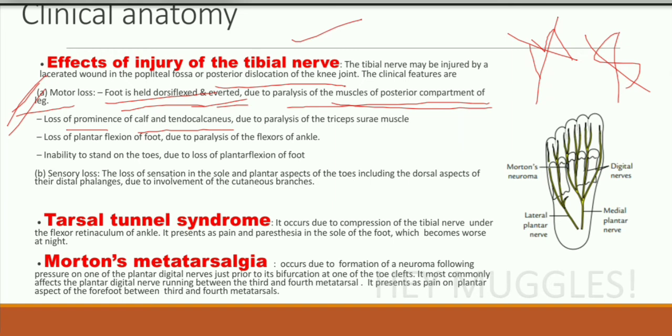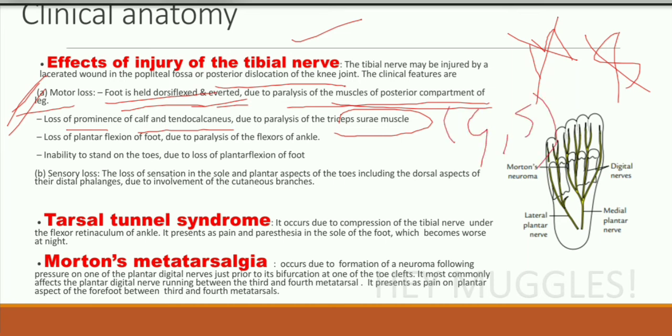It is also known as the Achilles tendon. Tendocalcaneus is also known as Achilles tendon, and it is formed by fusion of the tendons of the gastrocnemius and soleus muscle. So there would be loss of prominence of your calf and tendocalcaneus, and it is due to paralysis of your triceps surae muscle. So the gastrocnemius and the soleus are your triceps surae muscle, right?